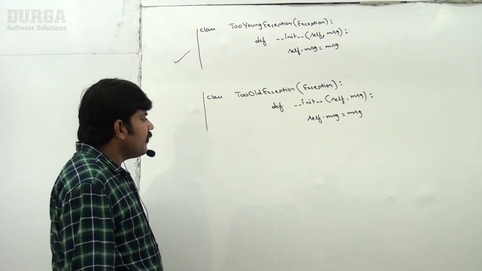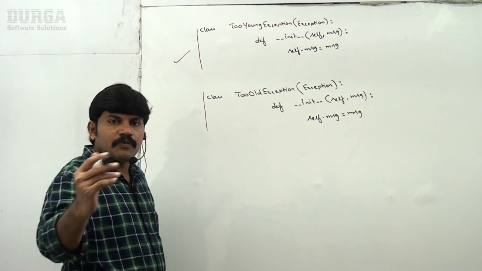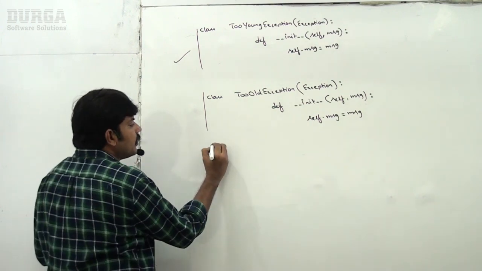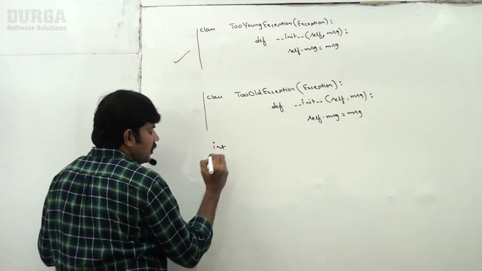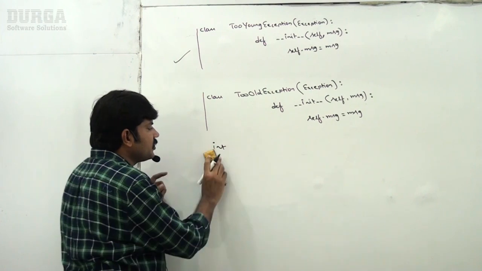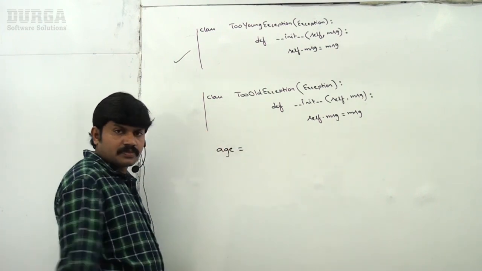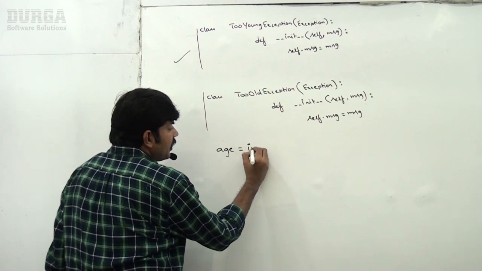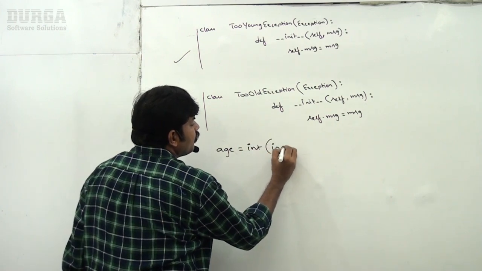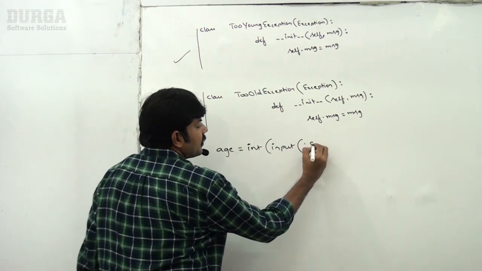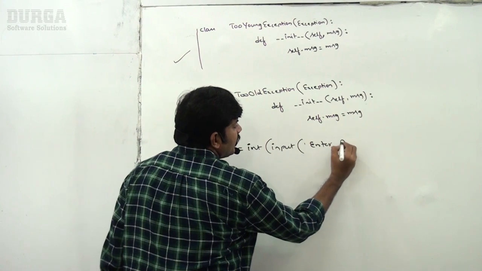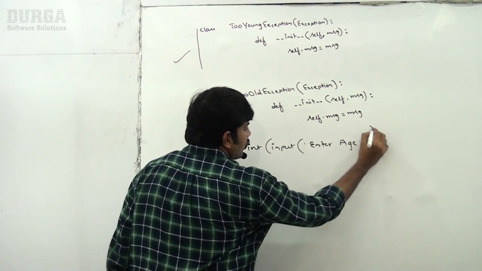So I will ask, can you please enter your age? Age = int(input('Can you please enter your age?')).